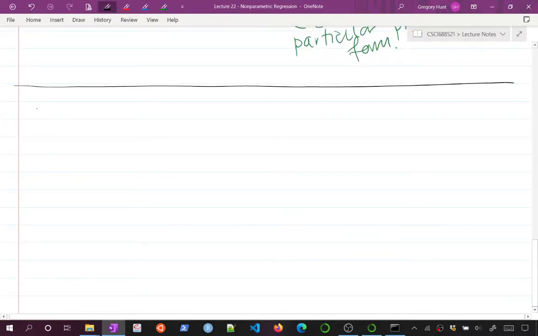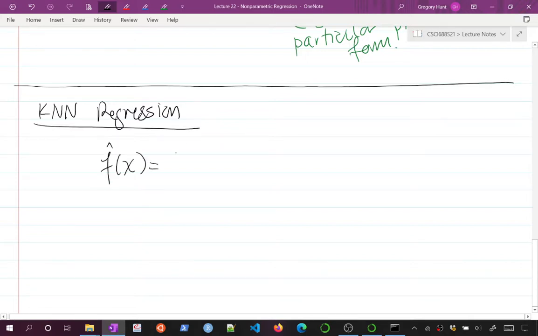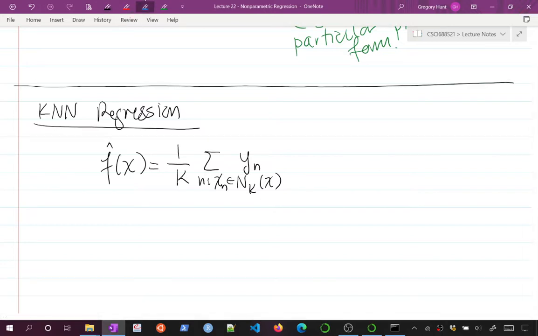So in particular, let's revisit KNN regression. KNN regression said that f hat of x was 1 over k, and then we would average over all n where our training data points xn are in the k neighborhood of our point x, and we average our corresponding training y's.